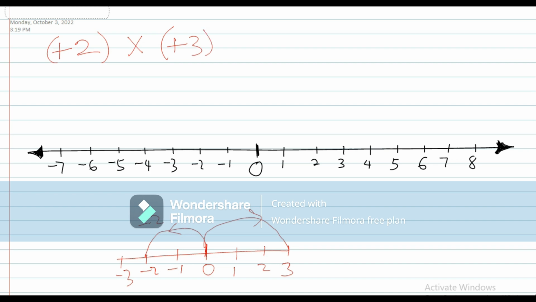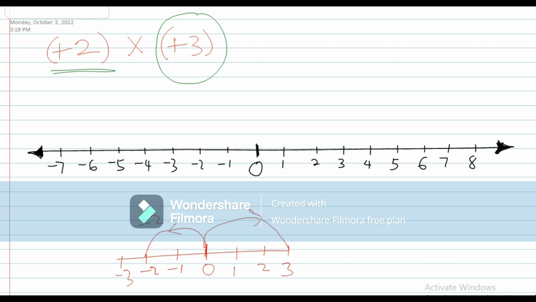When we see something like this, I want you to consider this first one as the multiplier. Why do I call it the multiplier? Because it's the one that just tells how many times we have to do the process. So the main number here is positive 3. It means I'm going positive 3.